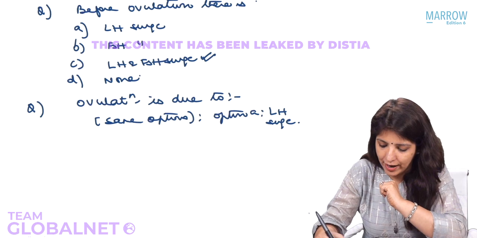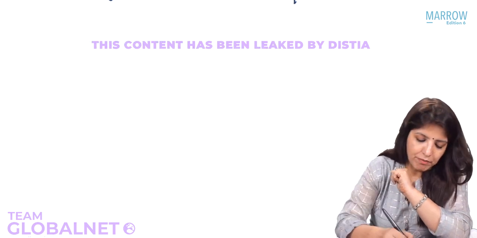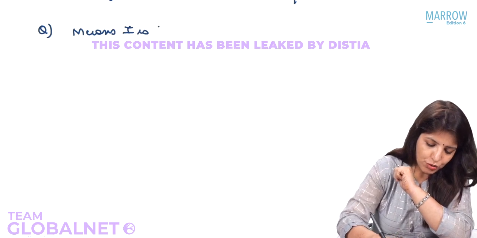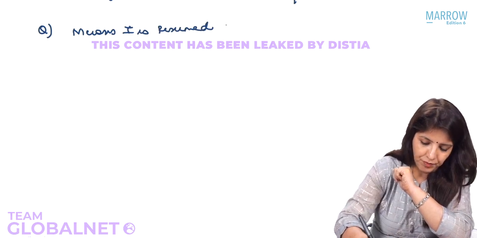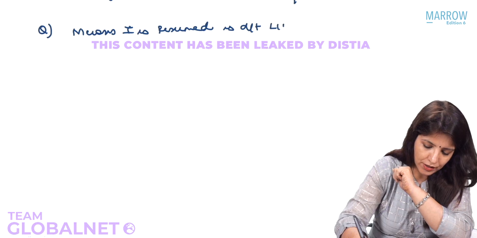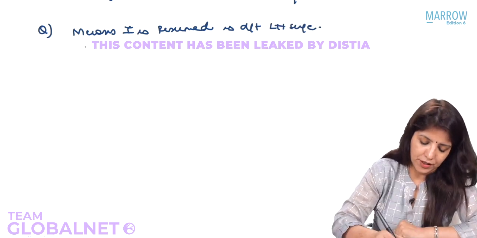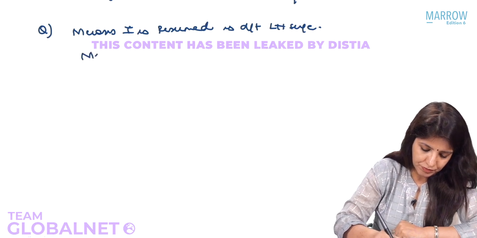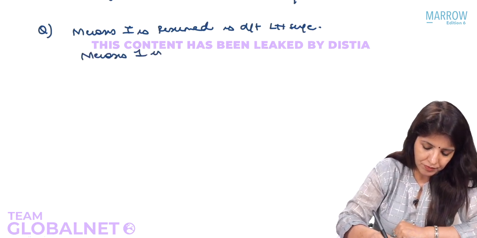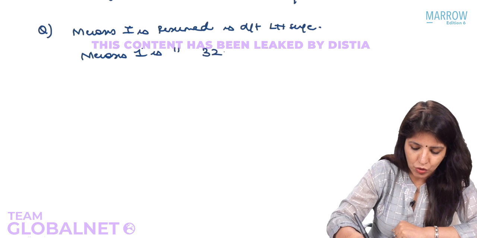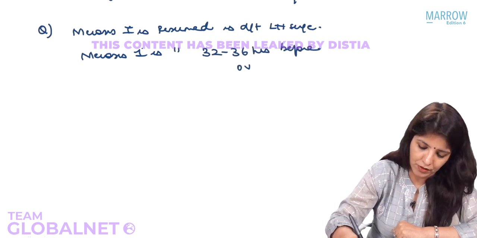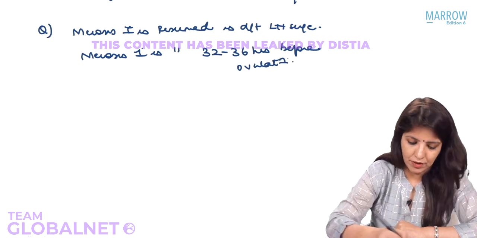Right? Now, I was telling you that meiosis 1 is resumed due to LH surge. In other words, meiosis 1 is resumed 32 to 36 hours before ovulation. Right?